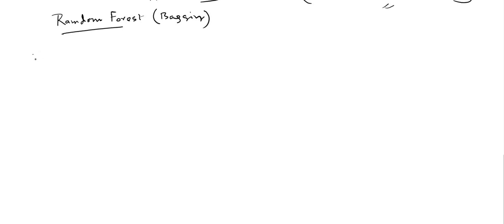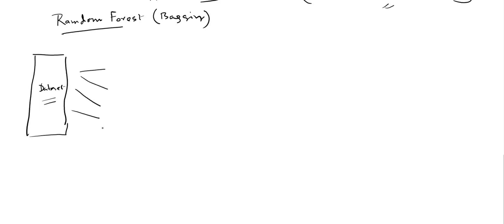Overall, it is almost a similar concept to what we explained in bagging. The only thing is that here, along with row sampling, we are doing column sampling also. So again, the same concept, we are creating multiple decision trees: decision tree 1, decision tree 2, decision tree 3, and decision tree 4.